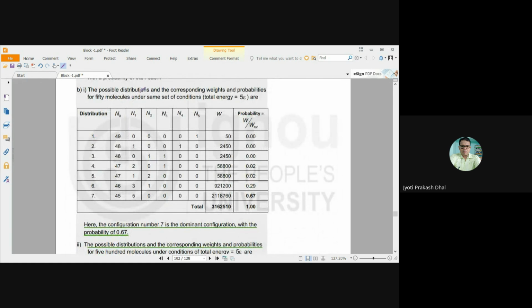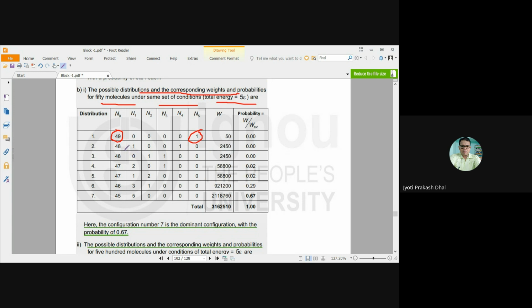Now consider the possible distributions and corresponding weights of probability for 50 molecules under the same set of conditions. So 50 molecules will be there, but the total energy should be 5 epsilon. The different configurations are like this. 49 molecules will be present at the N0 energy level having 0 energy, and 1 molecule will be present at the N5 energy level having 5 epsilon energy.